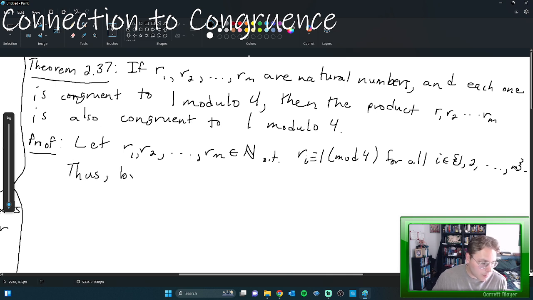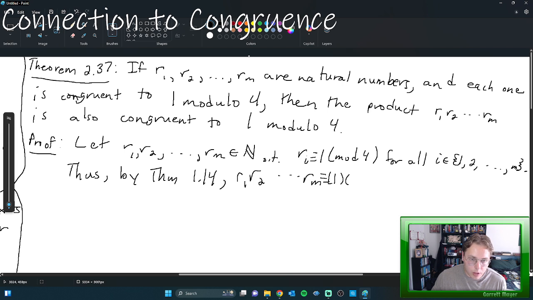Thus, by theorem 1.14, R1, R2, ..., Rm is congruent to 1 times 1 times ... times 1.